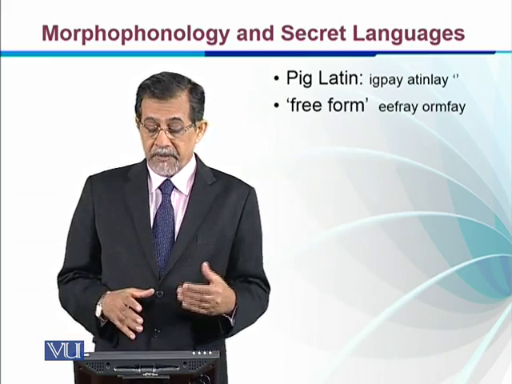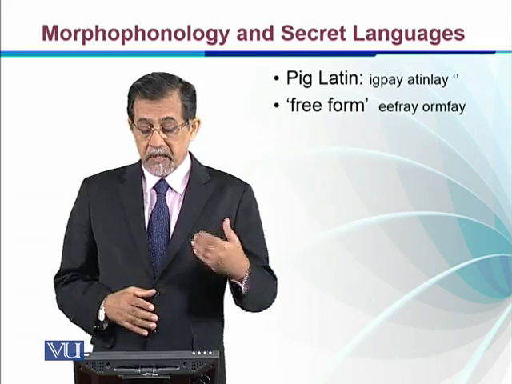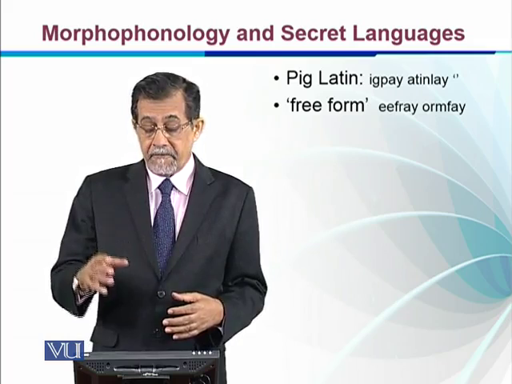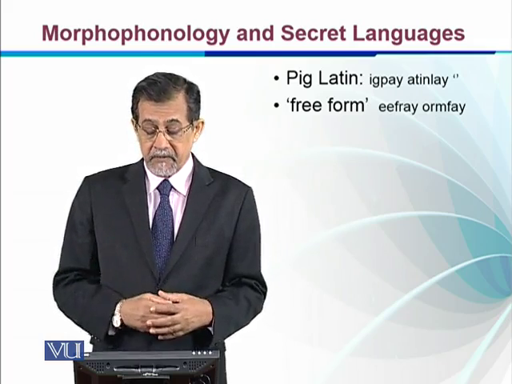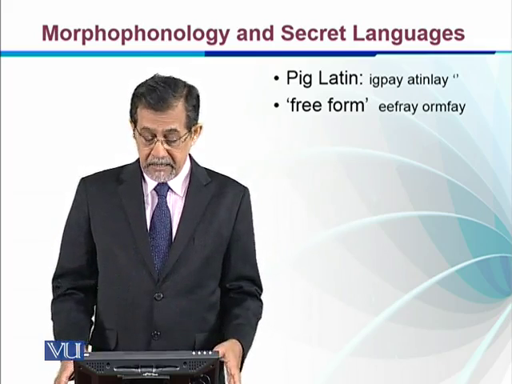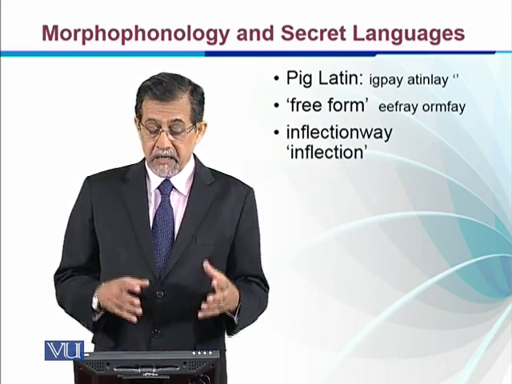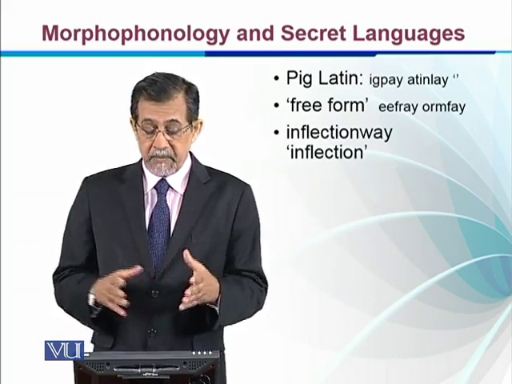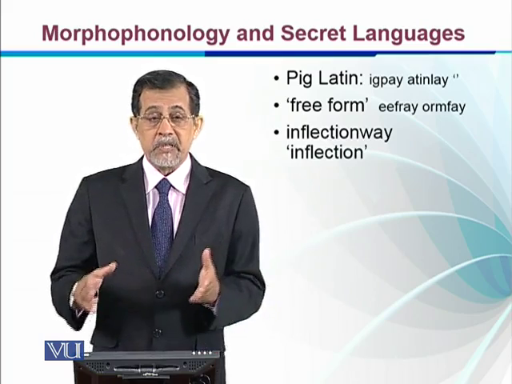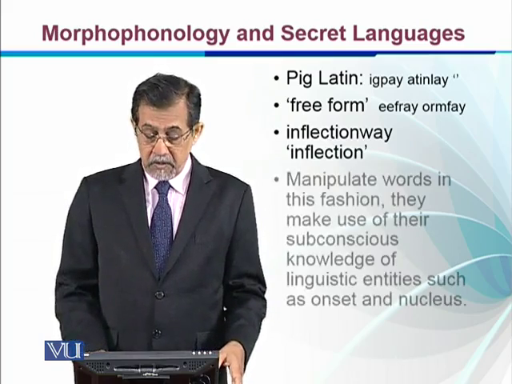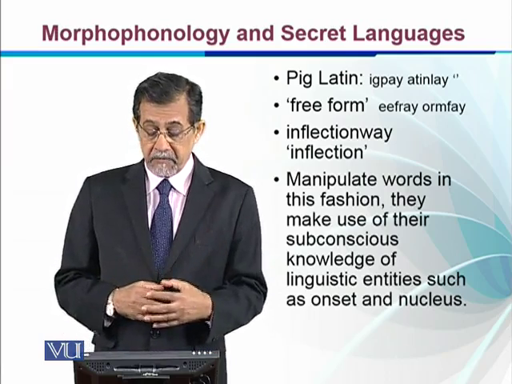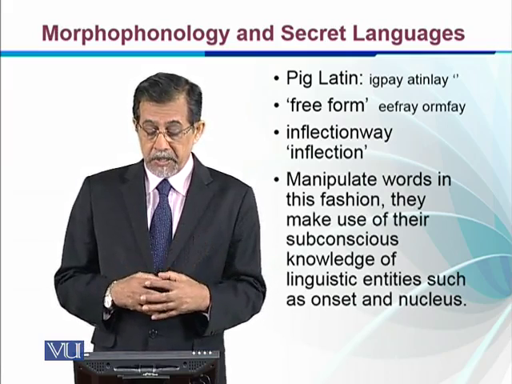Free form: "f" is shifted to the end and "a" is added. Similarly, in inflection, "way" is added because the word starts with a vowel sound. So these secret languages manipulate words in this fashion.